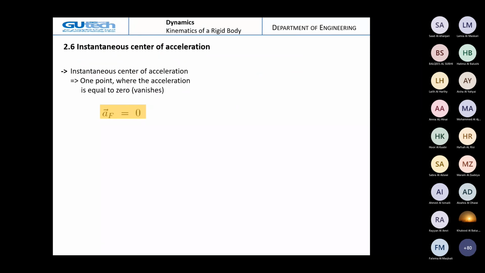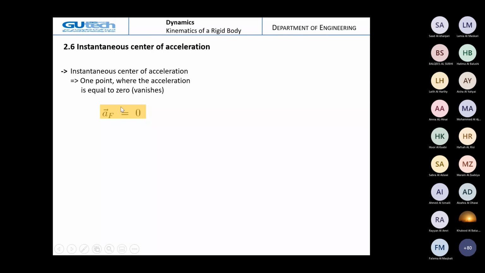Now we saw that there is the instantaneous center of rotation, and there is also the instantaneous center of acceleration. The same principle, nearly the same. The instantaneous center of acceleration is the one point where the acceleration is equal to 0.